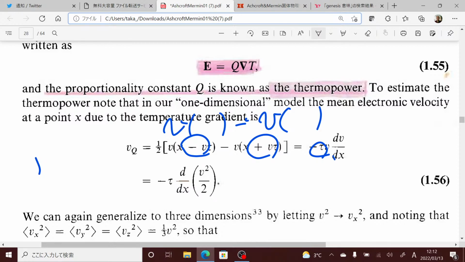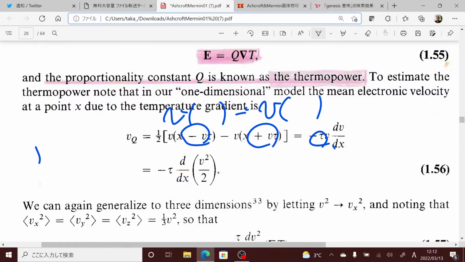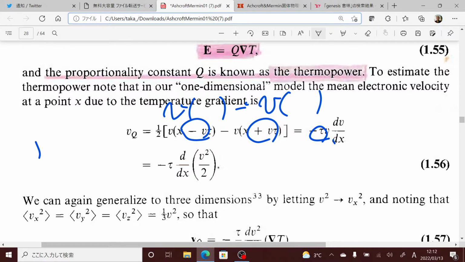To estimate the thermal power, note that in a one-dimensional model, the mean electronic velocity at point x due to the temperature gradient is this.